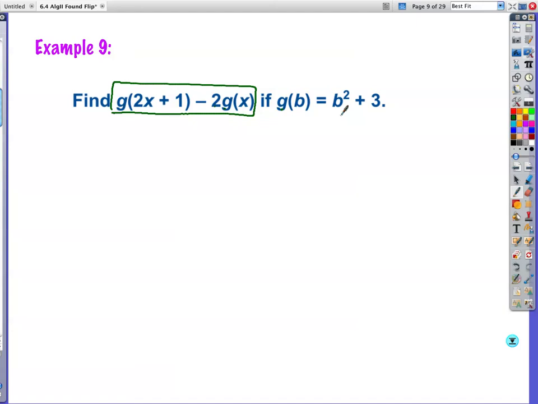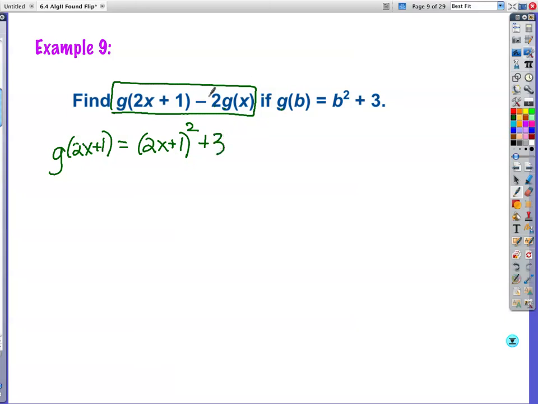So I am going to put 2x plus 1 in for every one of these. So g of 2x plus 1 is going to be equal to 2x plus 1 squared plus 3.